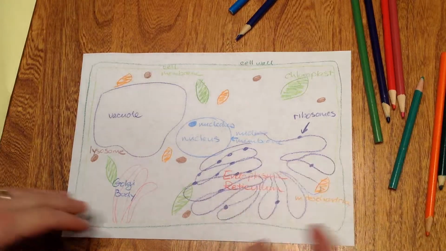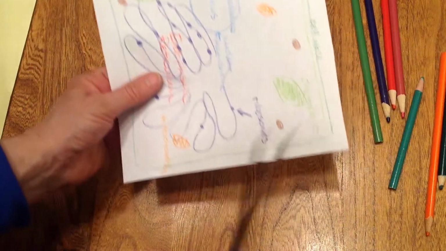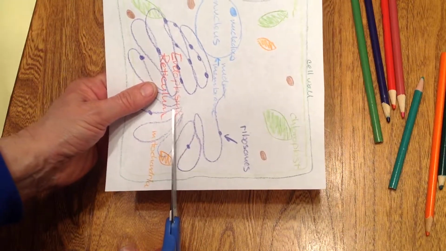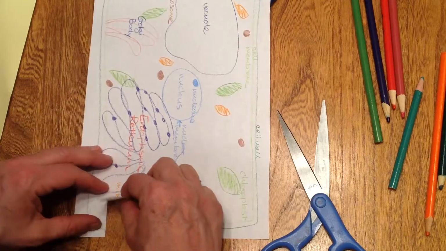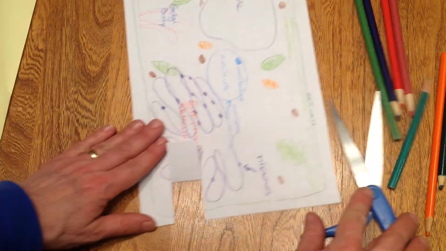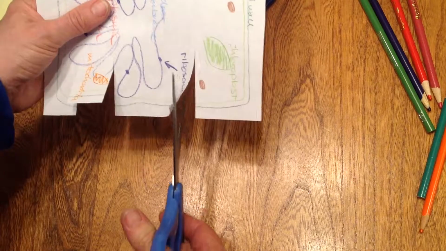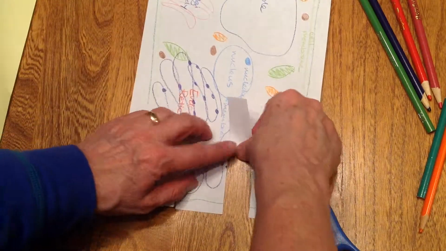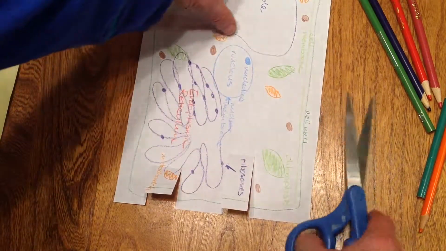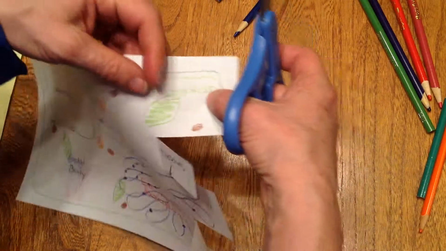Okay, so now we're going to make some flaps, and the first flap we're going to make is the mitochondria. Okay, there's a flap for that. Mitochondria. Let's make a flap for the ribosomes. Alrighty. And then we'll make one for the chloroplasts.